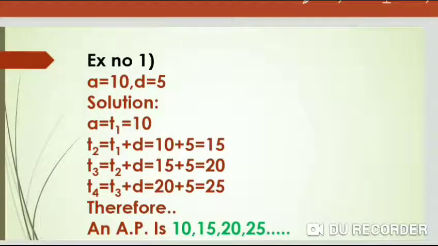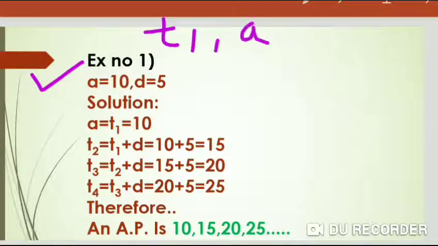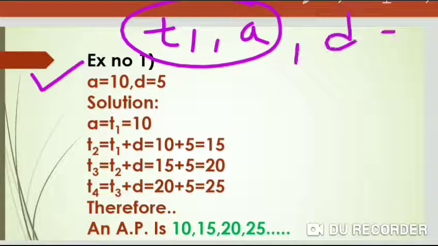Here the first term A is given, or it is denoted by T1 also. T1 or A, these are the first term. And here also the common difference D is given, which is equal to 5. And we have to find an AP. Now see how we can get the answer.